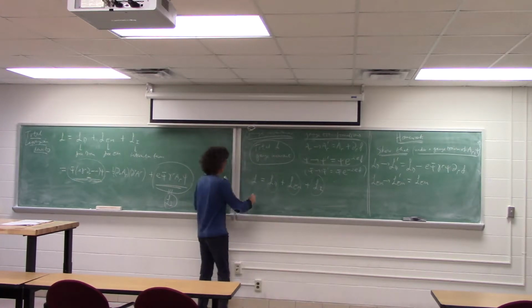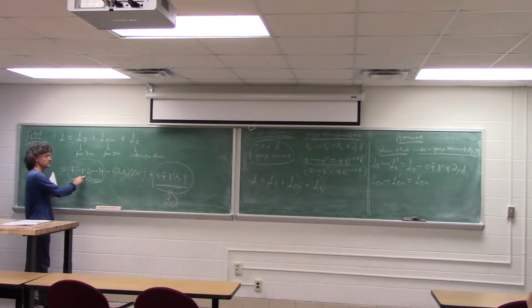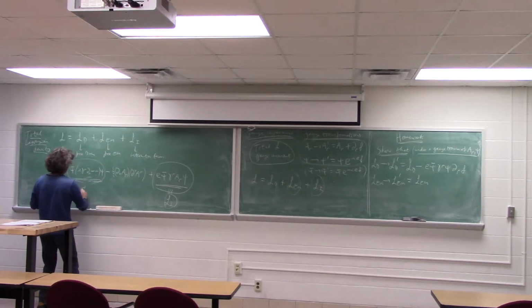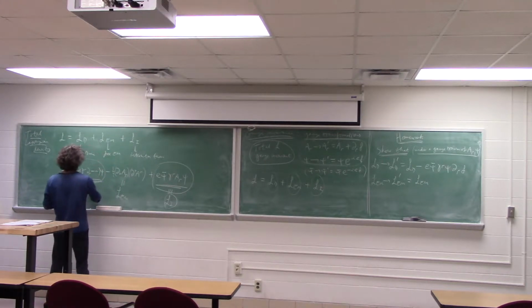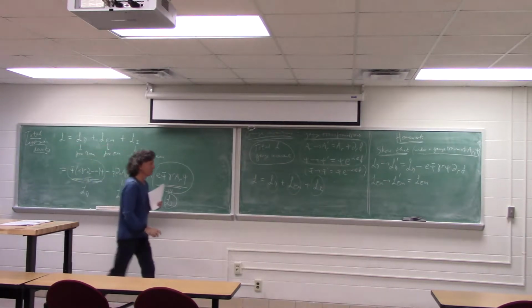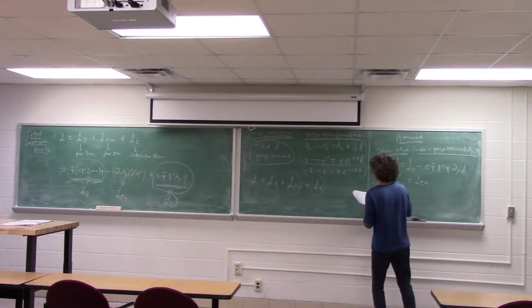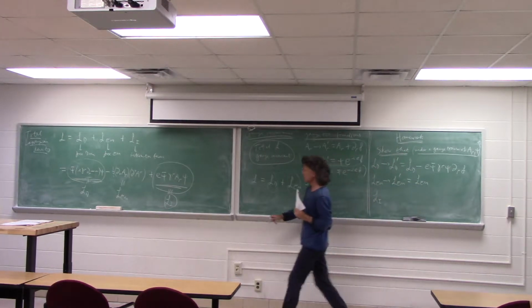Notice the Lagrangian density of the free Dirac field by itself is not gauge invariant. You change psi, you get an extra term. This piece, L EM, is gauge invariant. Now finally, what happens to the interaction term?